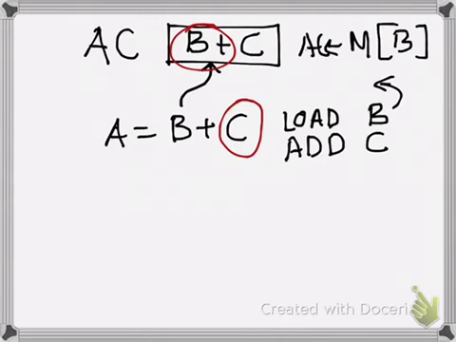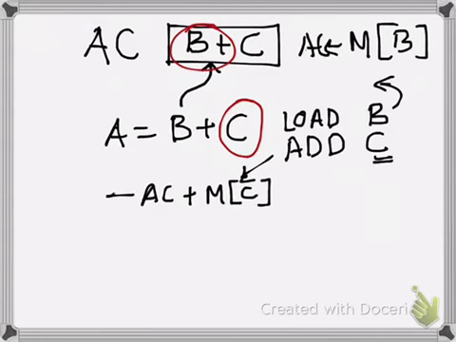And this instruction takes the contents of the accumulator register and adds it with whatever we are giving here, which is memory location C. The result of this sum is stored back into the accumulator register. So load B, add C.